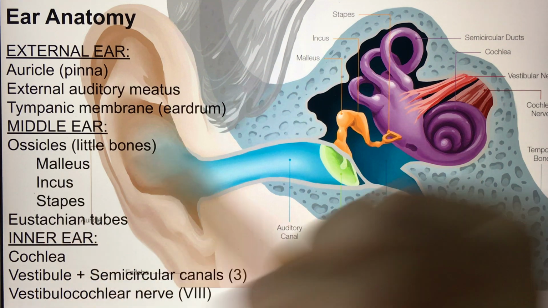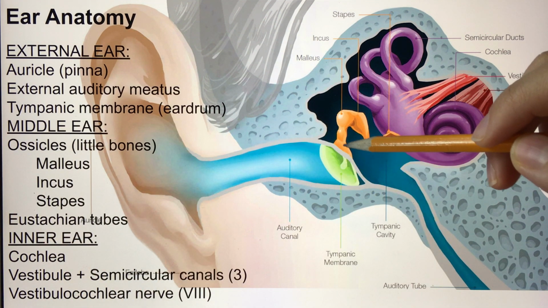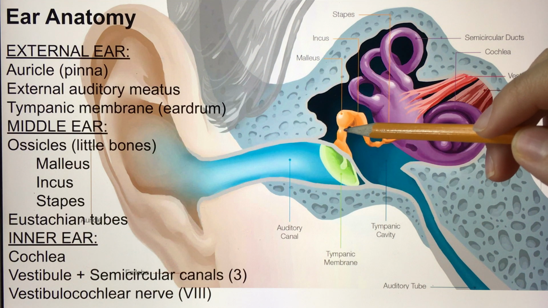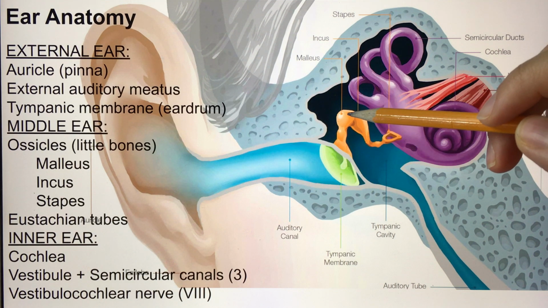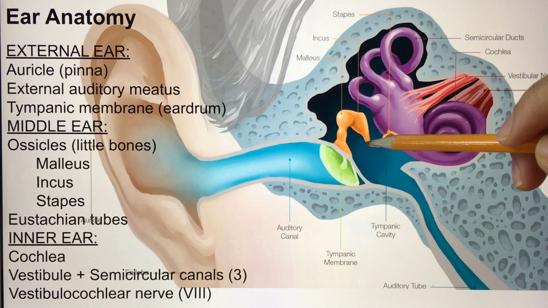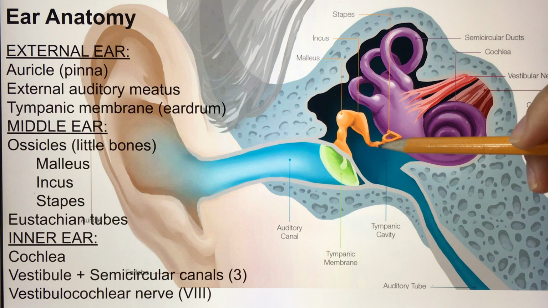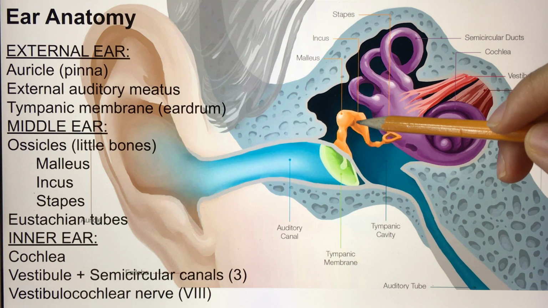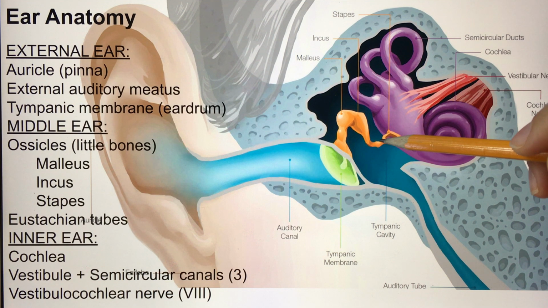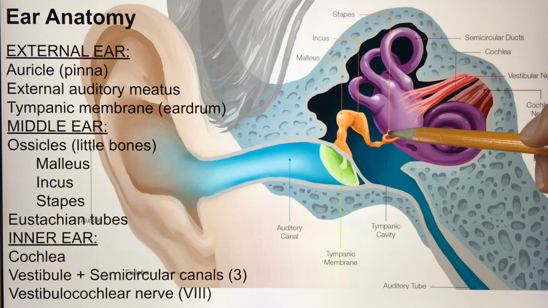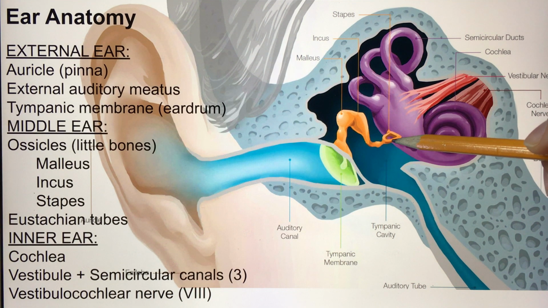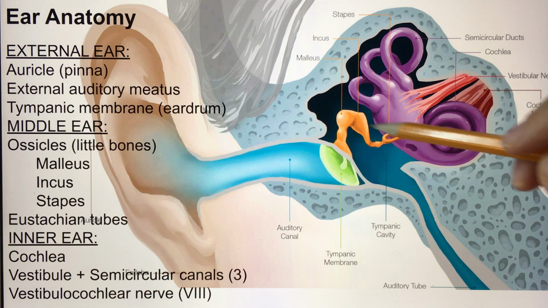So the eardrum is connected to the malleus, also known as the hammer. The malleus is connected to the incus, also known as the anvil. And incus is connected to the stapes. Kind of looks like a staple in a way, so it's easy to remember this one, stapes. Okay, malleus, incus, and stapes.